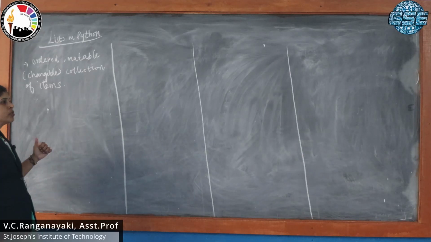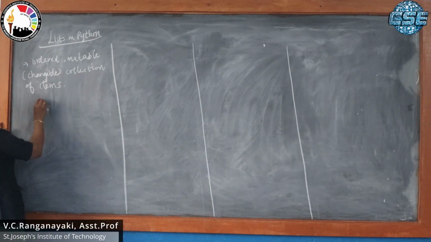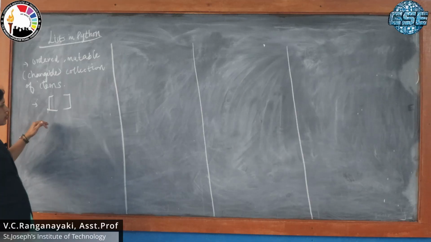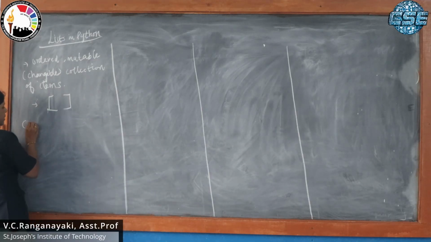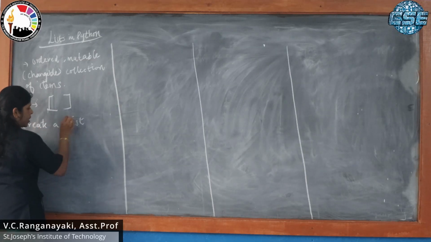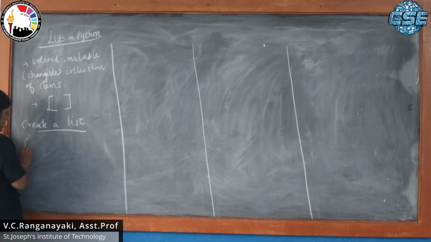mainly. Okay, so first step we are creating the list, and we are creating the list by using square brackets. With the help of the square bracket we are creating the list. First step, create a list. How we are creating a list means, for example, I'll take the same example, fruits.